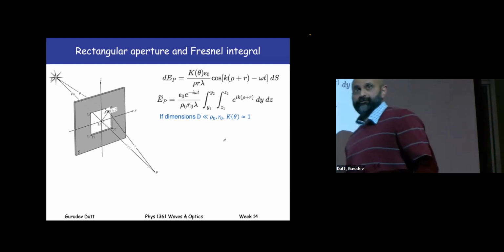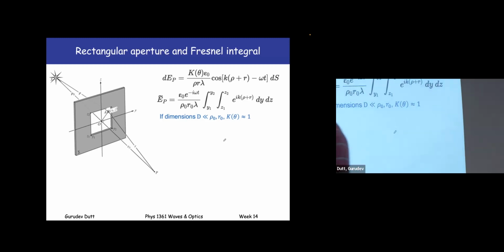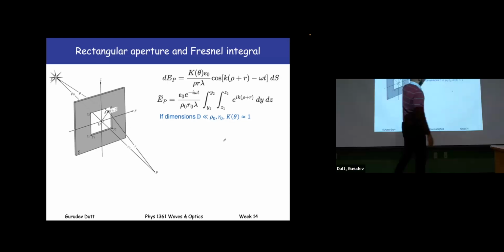But the basic idea is, again, we follow the Huygens-Fresnel principle. We have our primary wavefront coming in to this point over here, and then it's emitting a secondary wave. That secondary wave is given by K of theta, which is the obliquity factor, times E naught, which is the incident primary wavefront, divided by the distance rho, right?